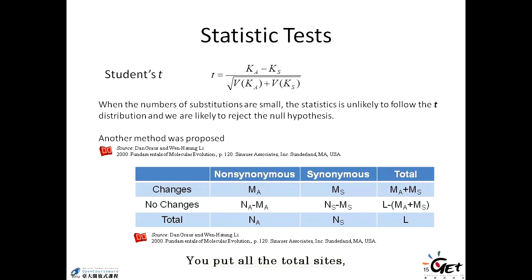You put in the total sizes, NA and NS, and there are two categories: they either change to a different status or they remain unchanged from your sequence comparison. You're testing whether the synonymous and non-synonymous are somewhat corresponding to each other. So that's the 2x2 contingency table test for independence.